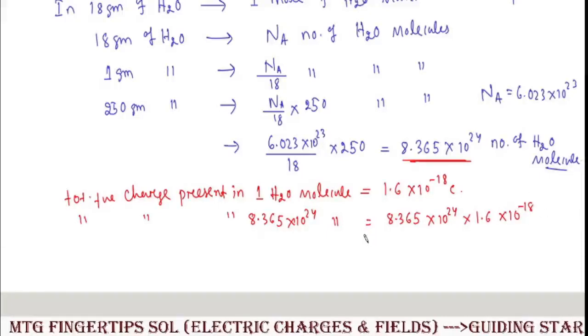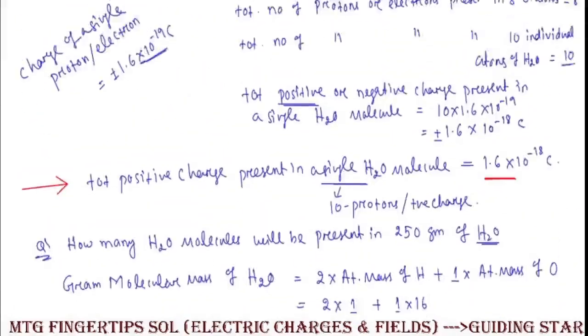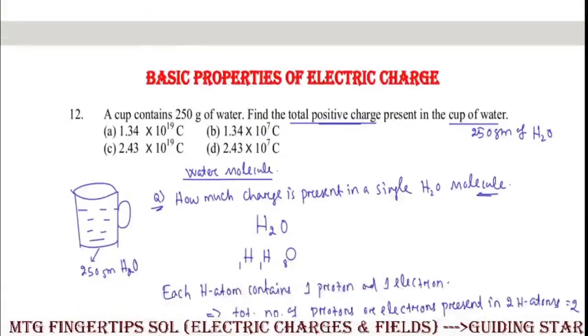This gives the total positive charge present in 250 gram of water. The order will be 10 to the power 6, and if we do the calculation, it comes out to be more than 10.